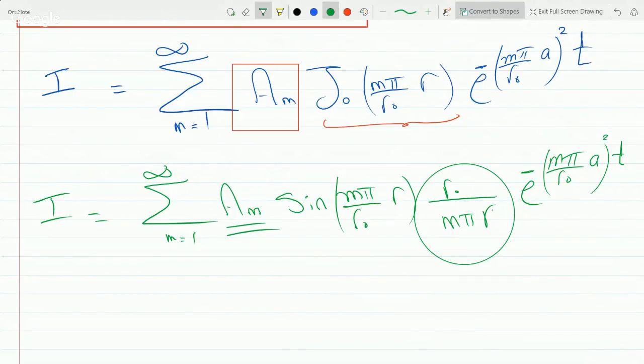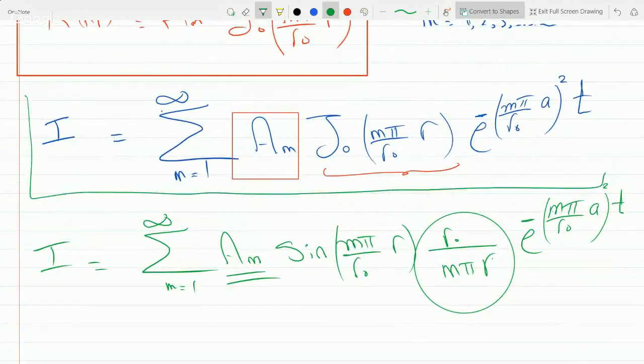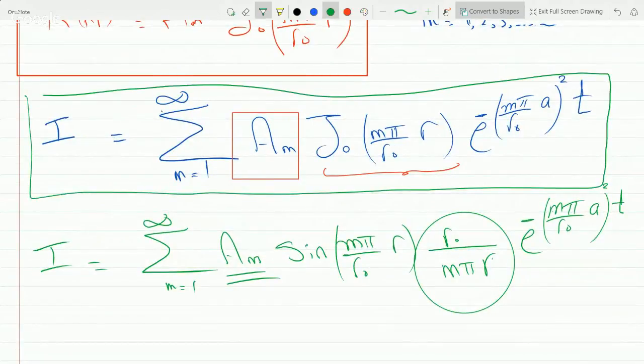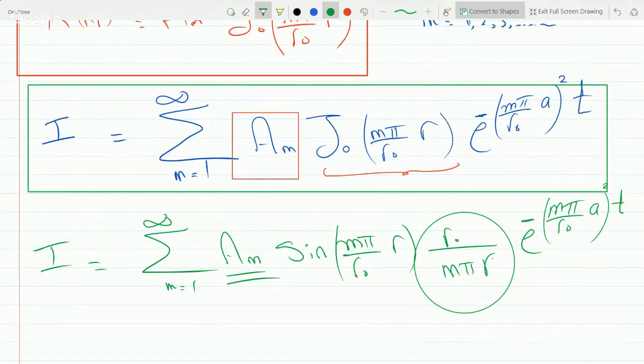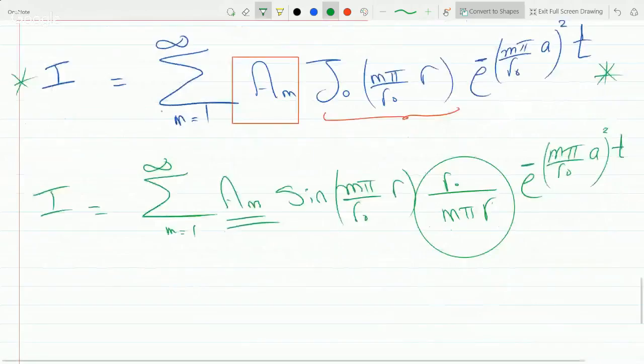So we're going to be using this method to figure out the coefficients. Put stars around it.